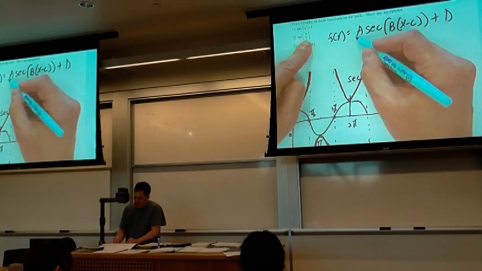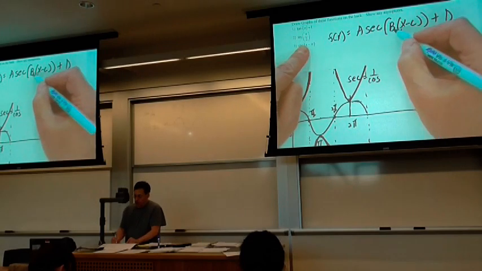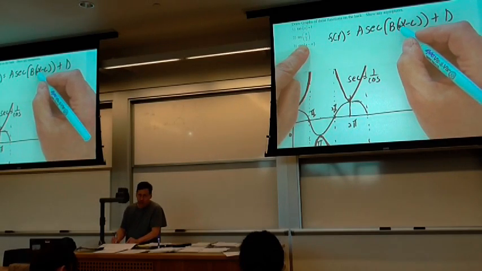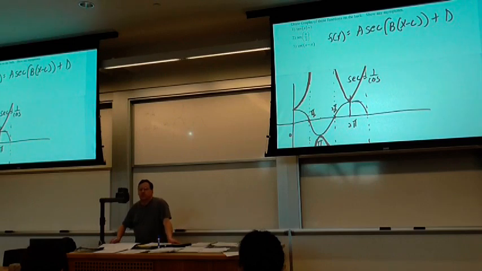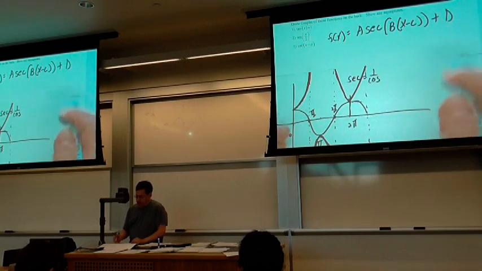Here c is 0, a is 1, d is 0. It's nice and simple. But b is now a half, right? So what's our period going to be? How is our period affected by that half? The regular function is 2 pi, and this is that counterintuitive change.